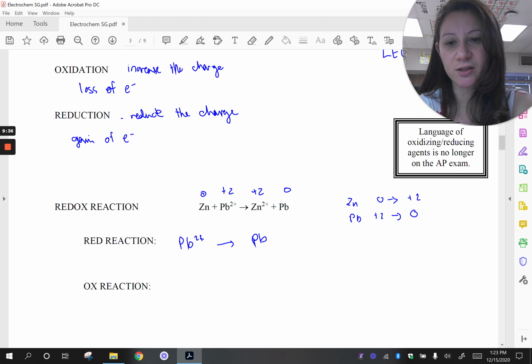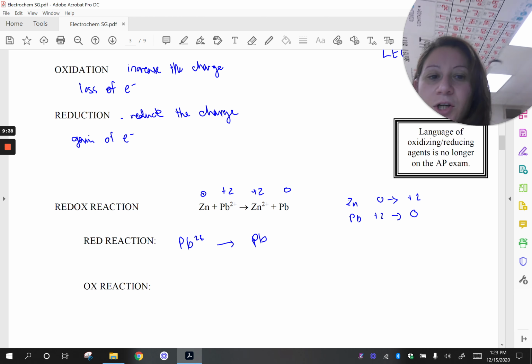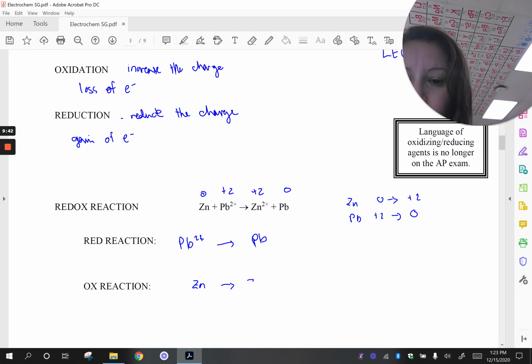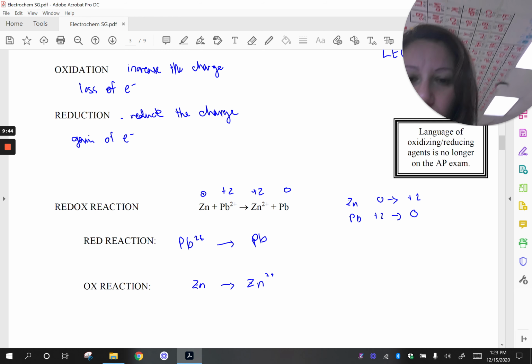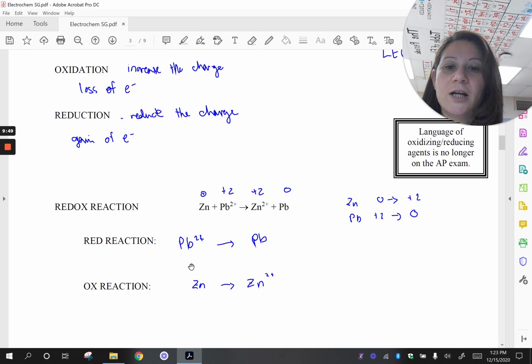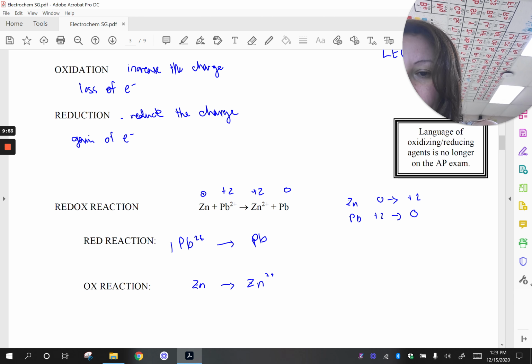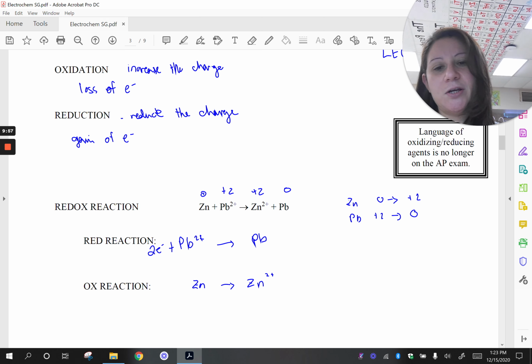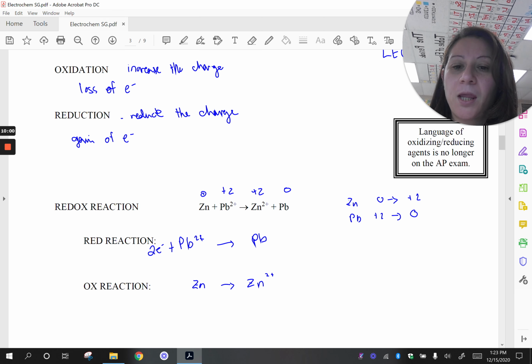The oxidation is the one that went up in charge, and so that would be the zinc. The zinc went from 0 to Zn2+. In order for the lead to get reduced, that means that it had to gain electrons, and in this case it gained 2 electrons. So Pb2+ plus 2 electrons would yield neutral Pb.